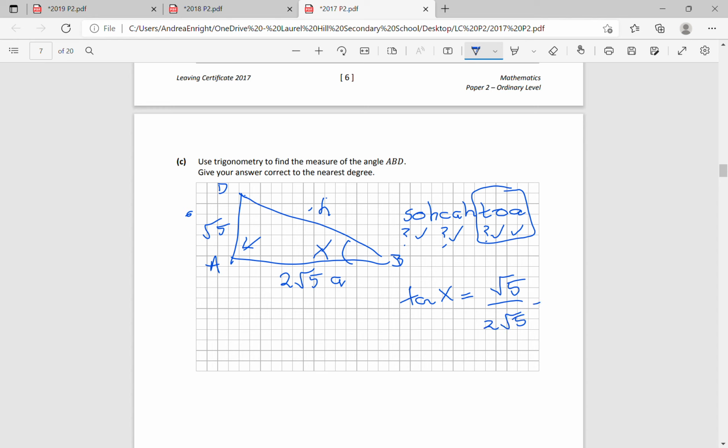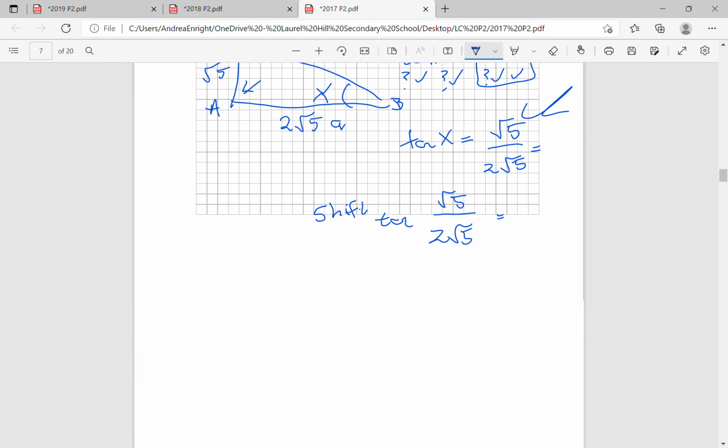When you're missing the angle, you go shift and tan. Shift tan, root 5 over 2 root 5 into the calculator with that, press equals, and round it up to the nearest whole number. I'll leave that to you.